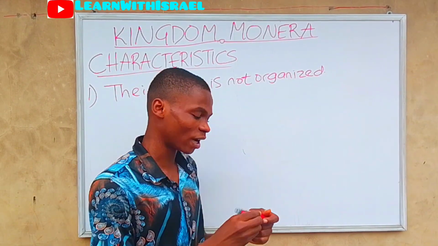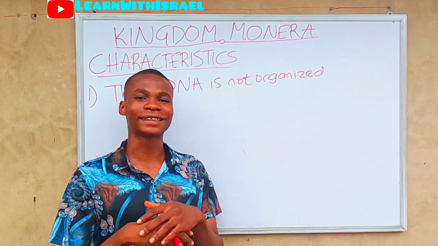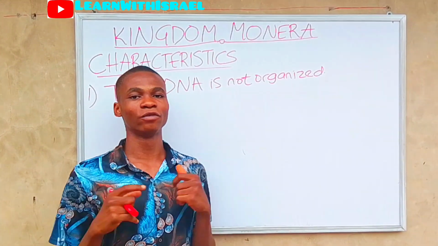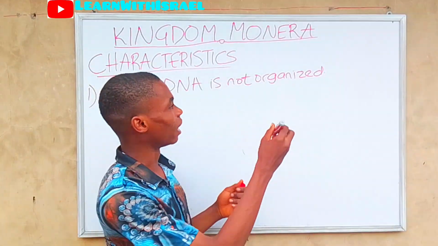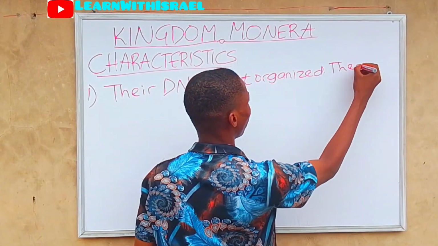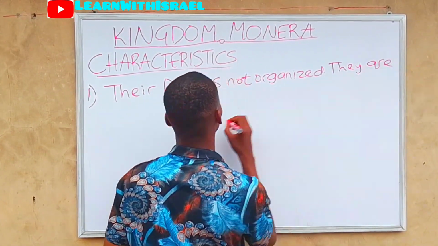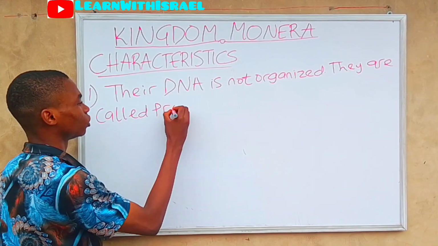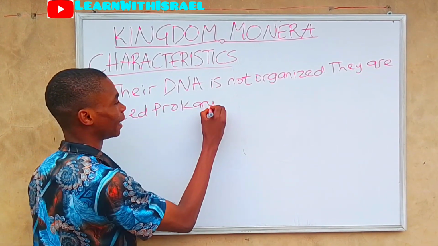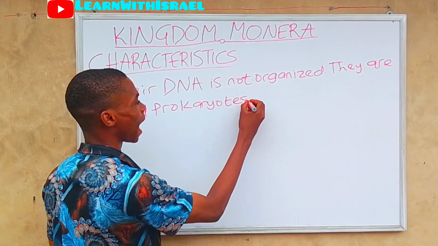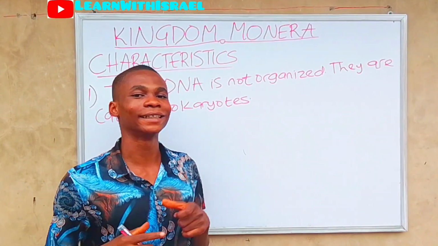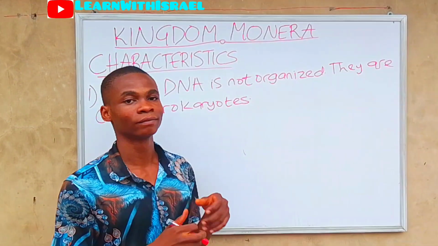When I say it is not organized, it means their DNA is scattered in the cytoplasm, because they do not have a nucleus, and that is why they are called prokaryotes. So you can now say bacteria are prokaryotic organisms, because bacteria is an example of Monerans.